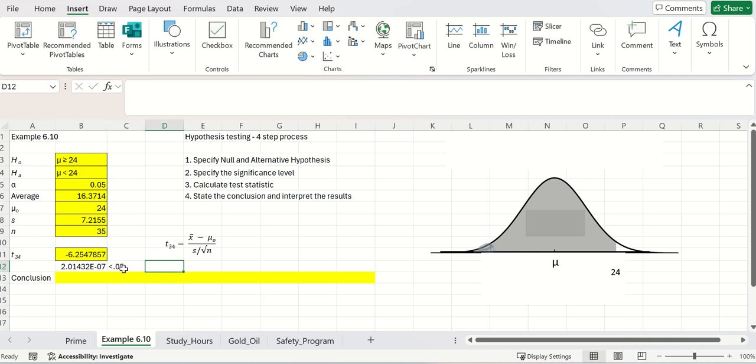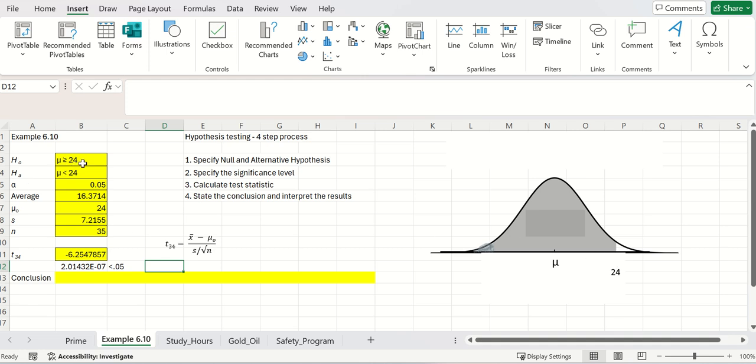Since it's significantly lower than 0.05, that means we have less than a 5% chance that the results we just came up with are based on random sample variability. Because the p-value is less than 0.05, we reject the null hypothesis.